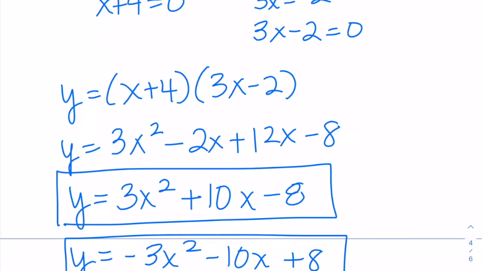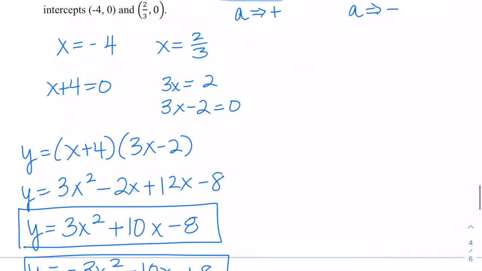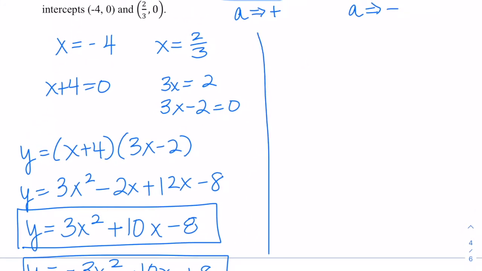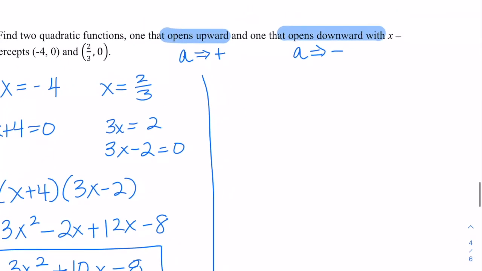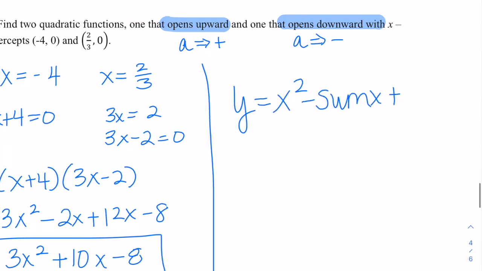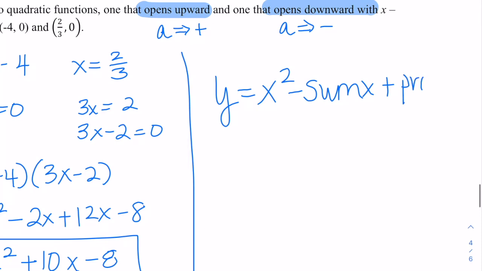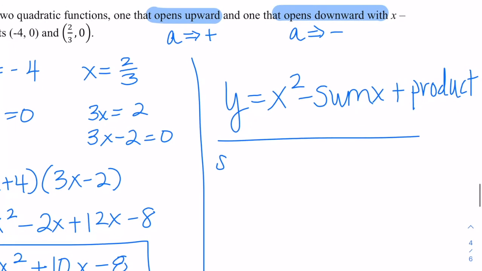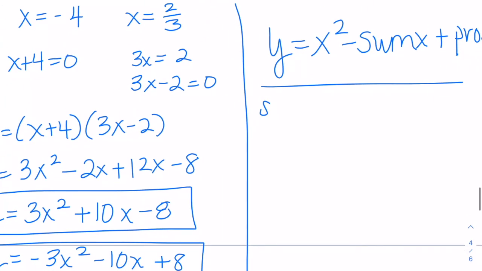Now there's another way to find the equation given the two roots. We alluded to it in the first example. The shortcut, I would say, is x squared minus the sum plus the product. Now we're looking at the x values, or the zeros. And so we know that the sum of these two would be negative 4 plus 2 over 3.